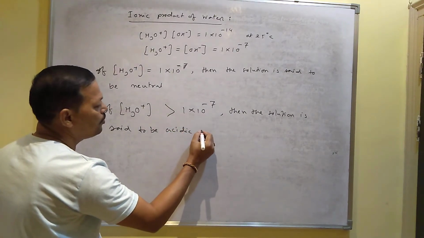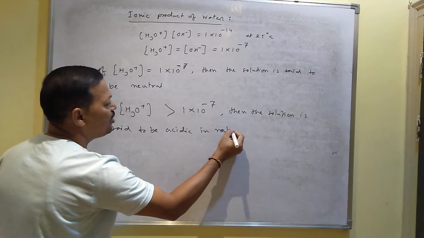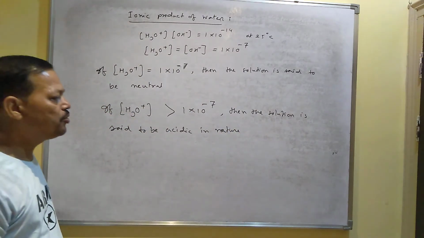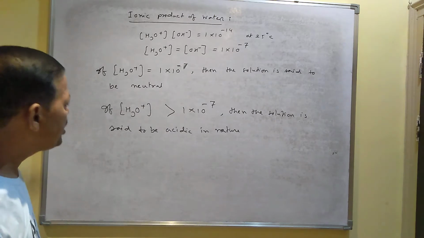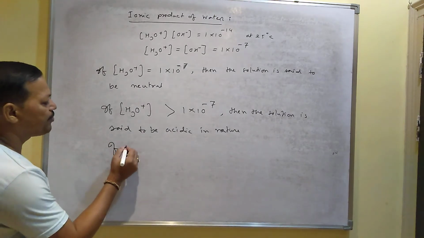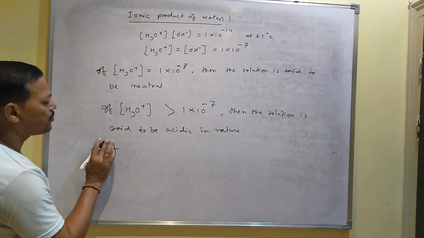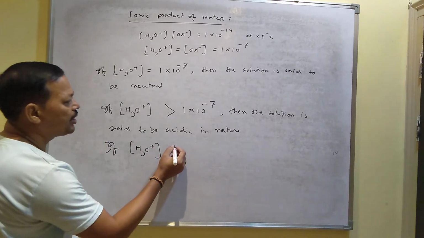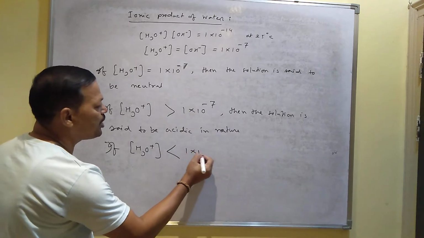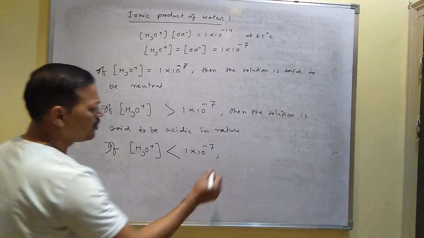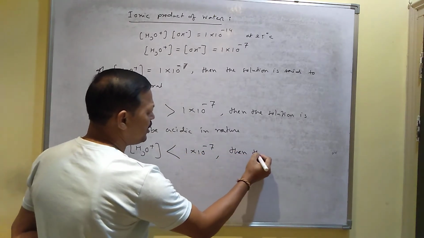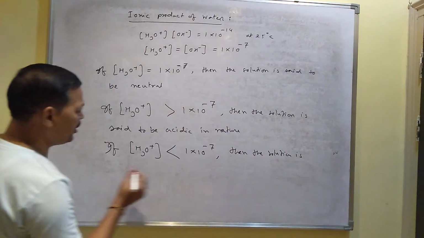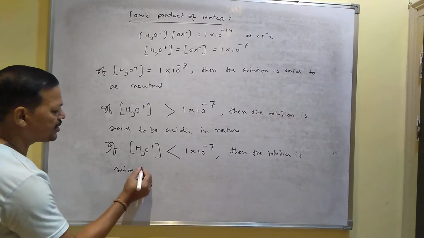So based on the value of the concentration of hydronium ion, you can find out whether a solution is acidic, basic or neutral. Similarly, if the concentration of hydronium ion is less than 1 into 10 to the power minus 7, then the solution is said to be basic in nature.